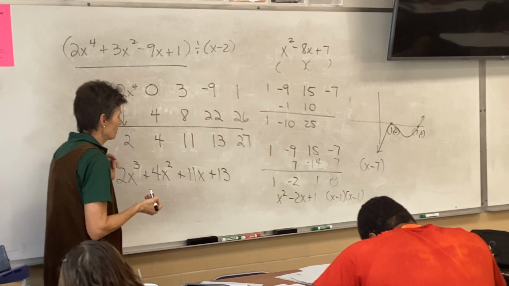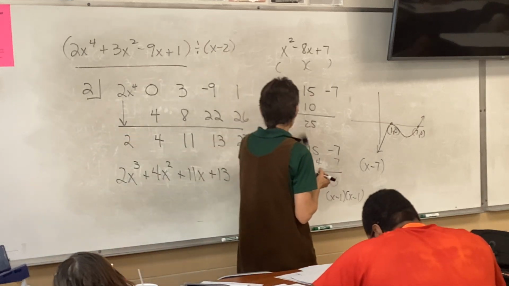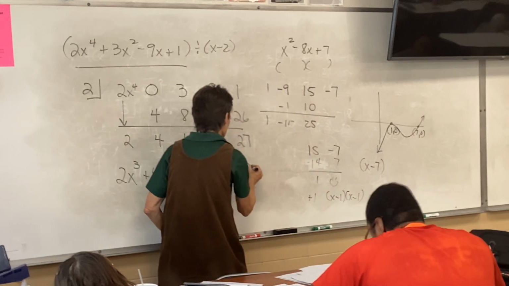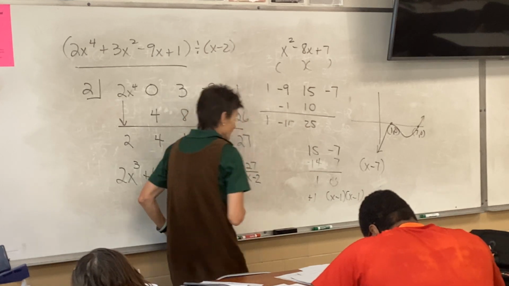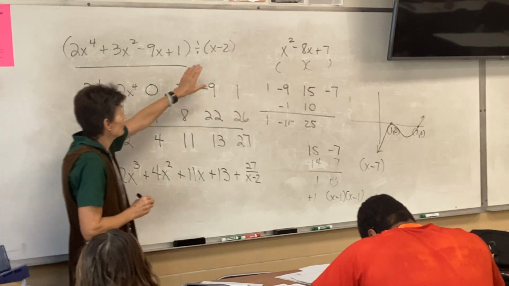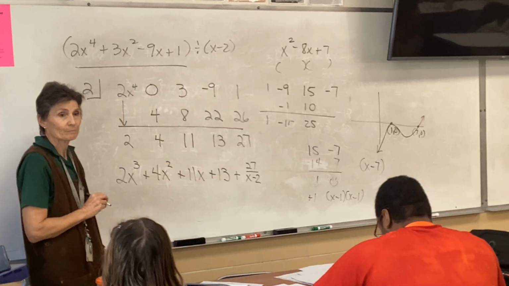Wait a minute, I see, what's that, 27? Remainder. And when I write my remainder, I say plus 27 over x minus 2. X minus 2 is what I divided by. So that's my remainder.